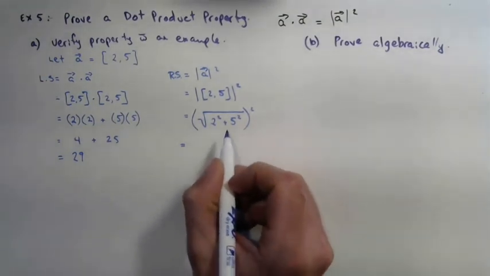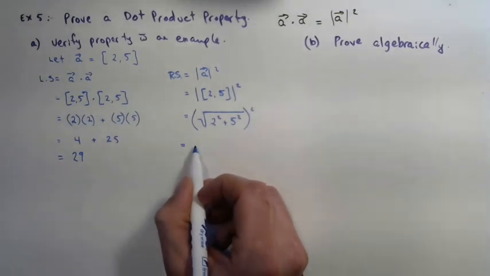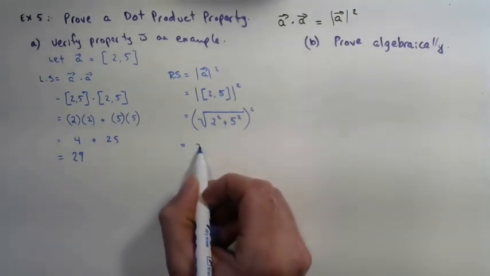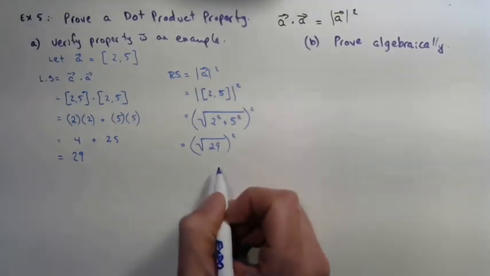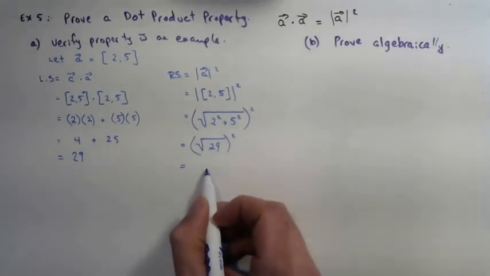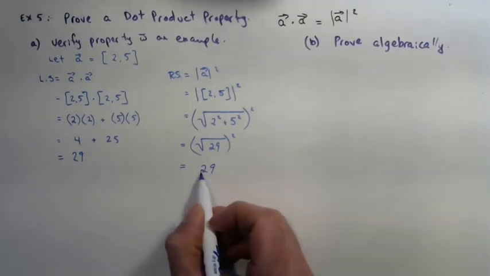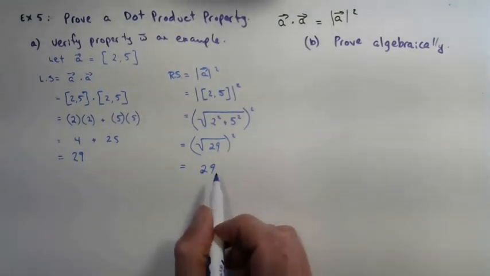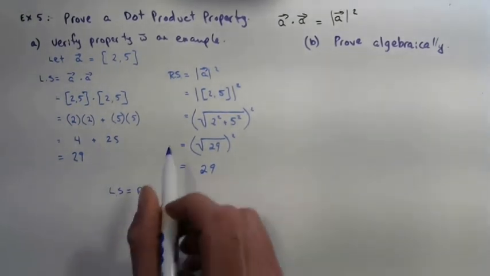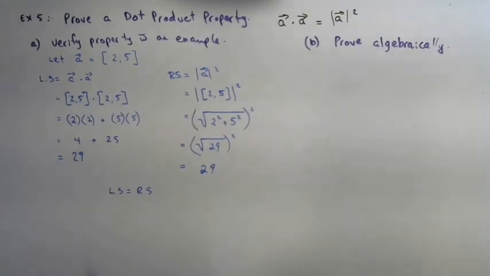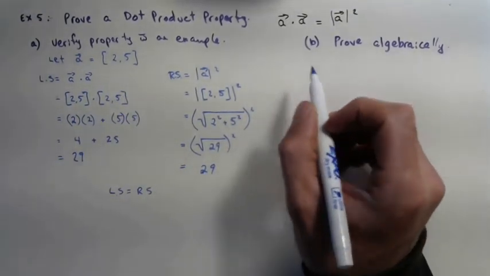That's the Pythagorean theorem here, and then we're squaring it. And we end up with, in the brackets, the square root of 29, and we're squaring it. Well, the square of a square root is just the value inside, which is 29. So left side equals right side. We've verified that this property rings true for this particular case. That doesn't prove anything, but it does verify it with a specific example.